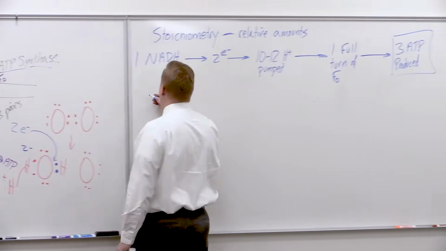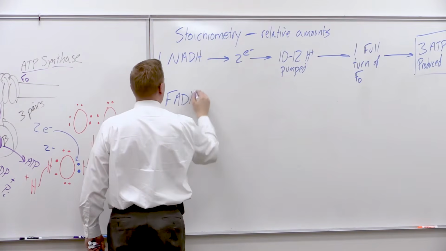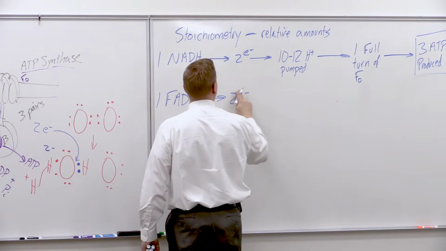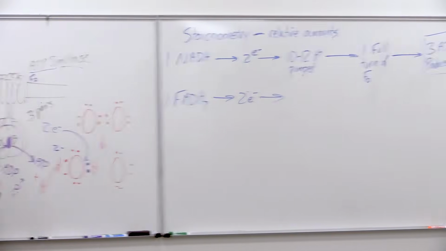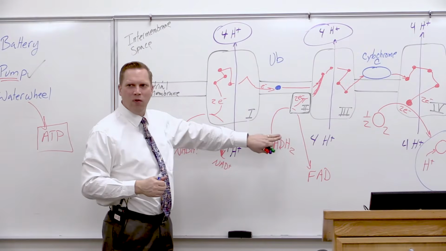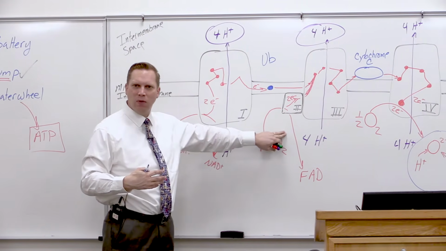We could do the same analysis with FADH2. So if I have one FADH2, again, 2 electrons. However, with FADH2, my electrons don't go through complex 1. FADH2, remember, has a lower power. It's like a AAA battery instead of a AA battery.